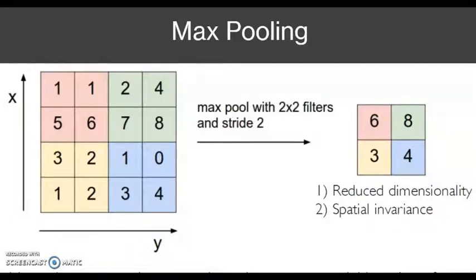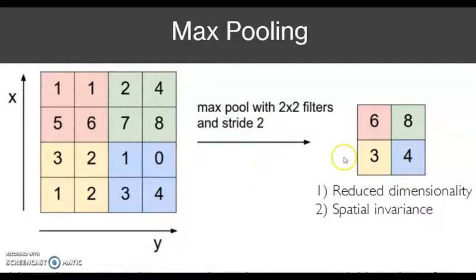In max pooling, the input image is partitioned into a set of areas that don't overlap. The output of each area, and we have 4 areas here, is the maximum value. For example, in this area the max value is 6, so the output is 6, and here it is 8. The max is 3 in this one, and 4 in the last area.